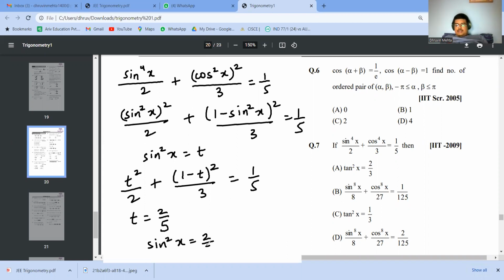Cos square x will be 1 minus 2 by 5, which is 3 by 5. Done, tan square x is 2 by 3. What about you, Muskan? Did you get this? Yeah, I'm on the last step. One second. Okay.